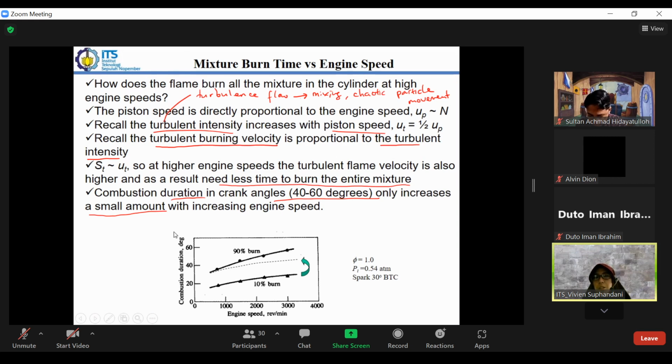So the total crank angle required for the system will increase a little bit here. This is something to be controlled as well.